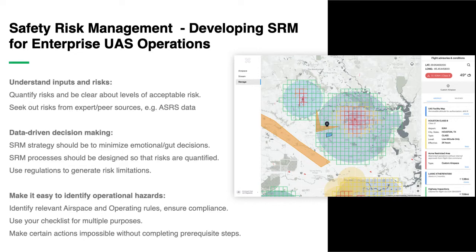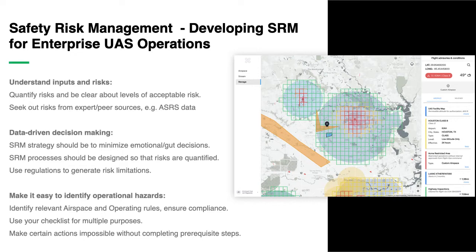And the reason why data-driven decision-making is something that you should be striving for is it minimizes emotional or gut decisions and makes it so that if you are able to eliminate some of the emotion from these decisions, you'll at the very least be able to more comprehensively and coherently explain why it is you're taking the steps that you're taking.